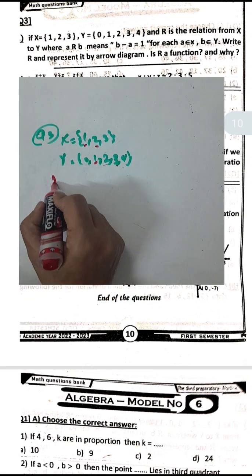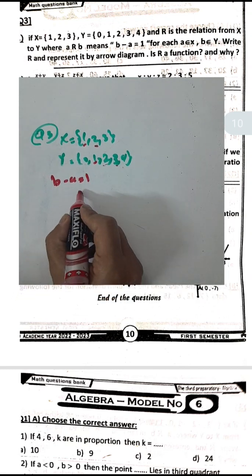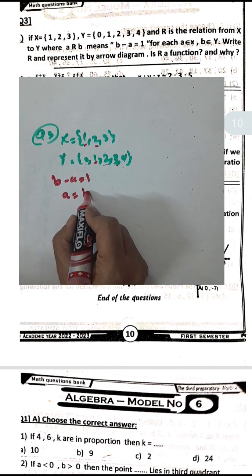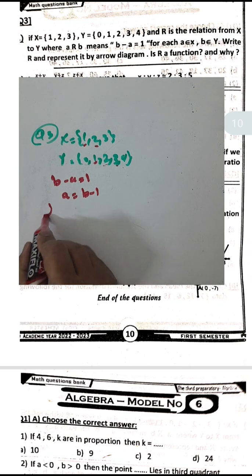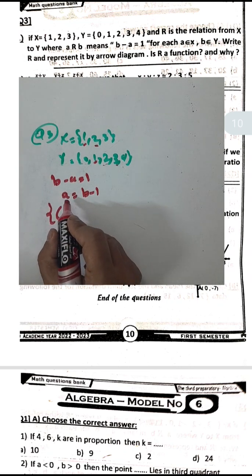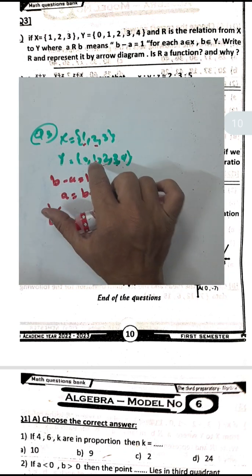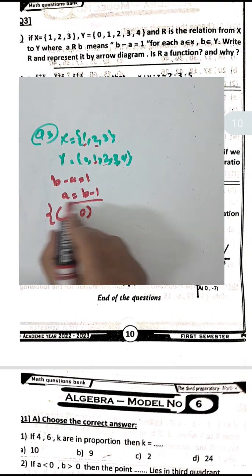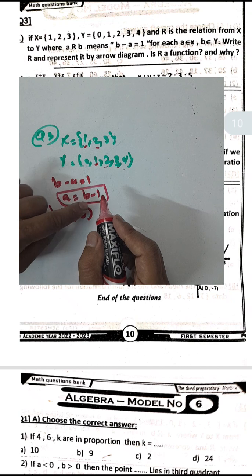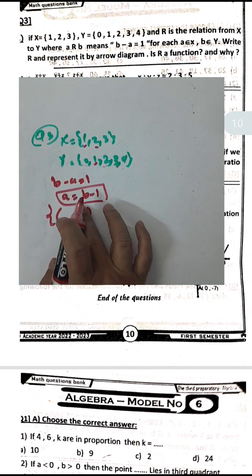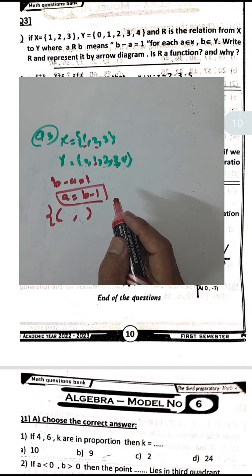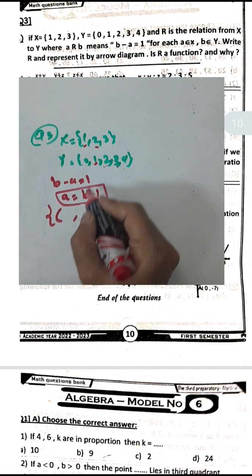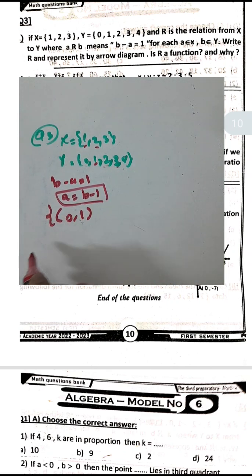It means b minus a equals 1, then a equals b minus 1. Okay, put b equals 0 here: then a will be negative 1, so with 0 we can't find the result. Again, put b equal 1, then a will be 0.